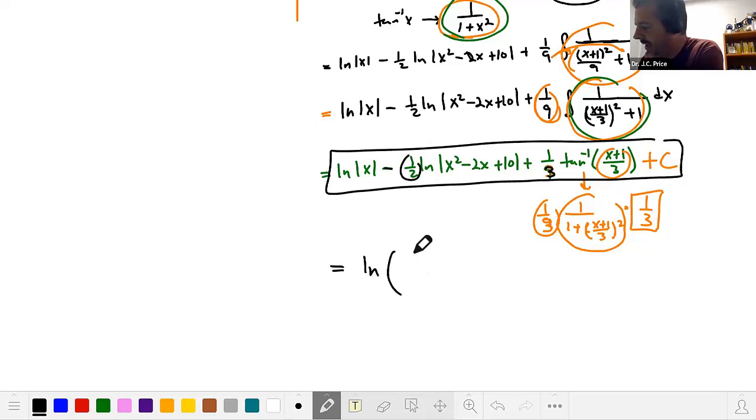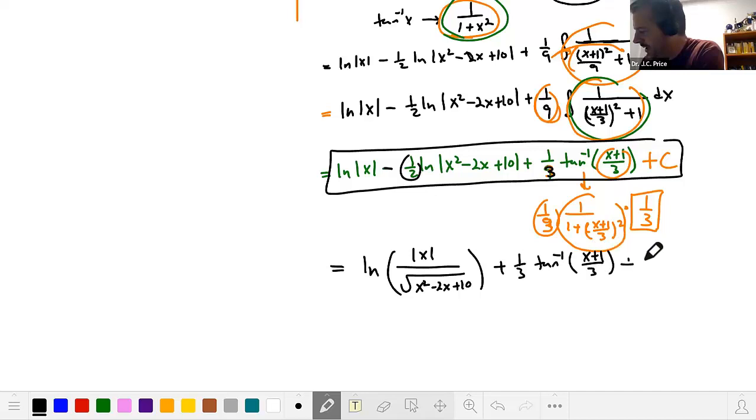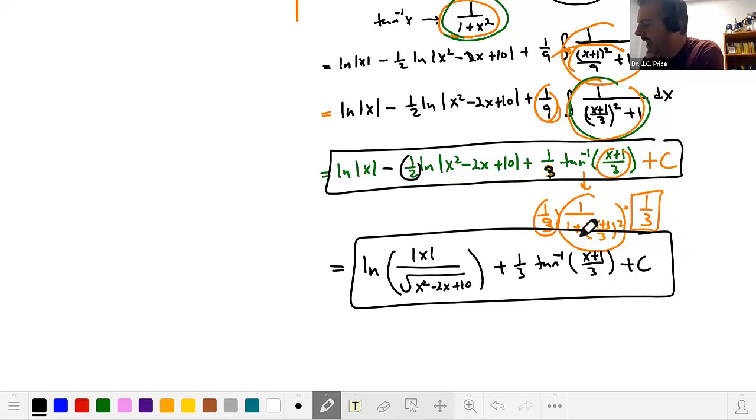So it's really ln absolute value of x divided by the square root of x squared minus 2x plus 10, and then plus a 1/3 tan inverse of x plus 1 over 3, and then all plus c. So I should put those ln's together. And now I got my final answer.